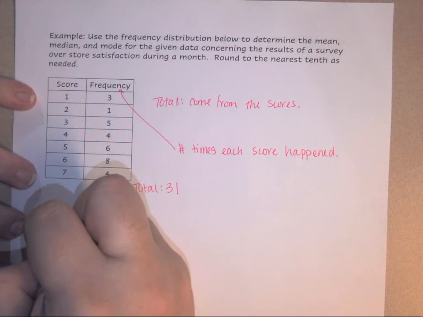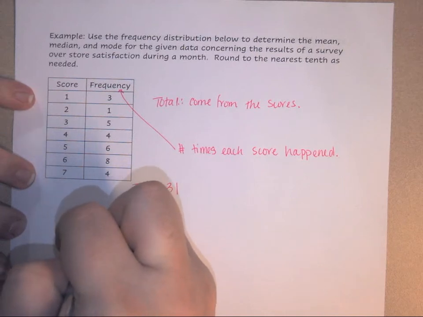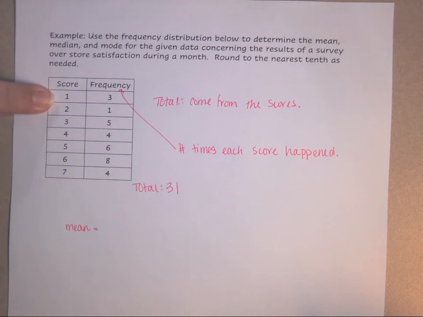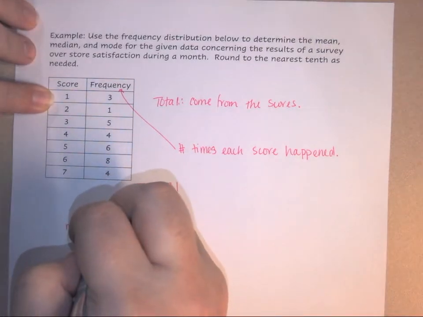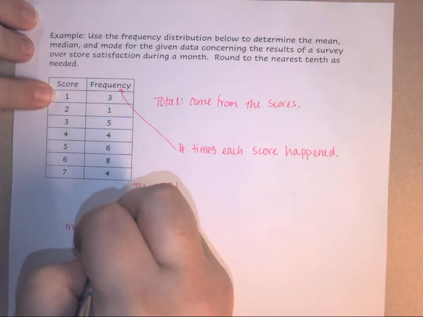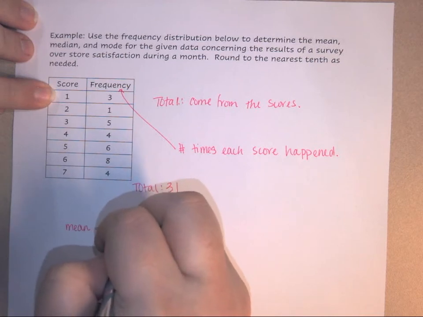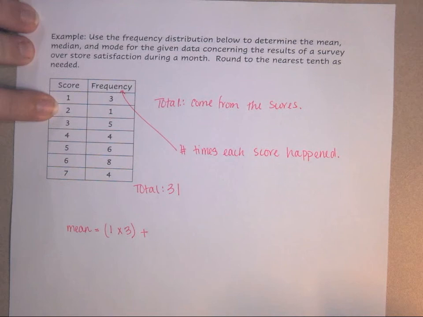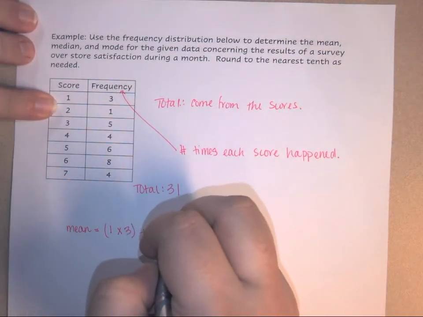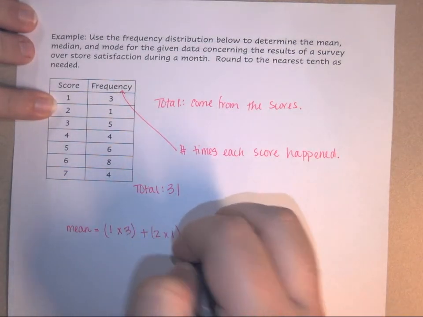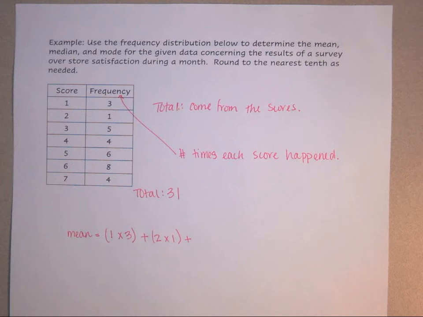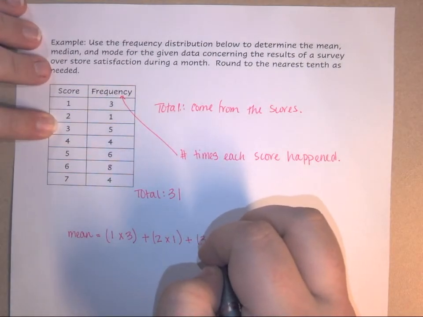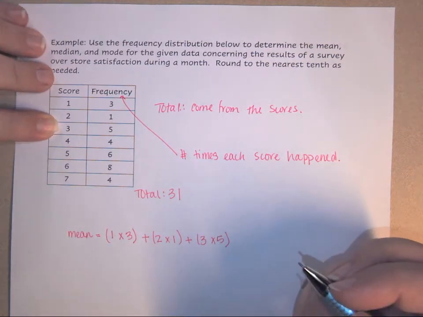So if I want to work out my mean, one way that I can do it is I can use my frequency. For example, I know my score of 1 times my frequency of 3 would have to be my first piece. Then I would have a score of 2 times its frequency of 1. I have a score of 3 times its frequency of 5.